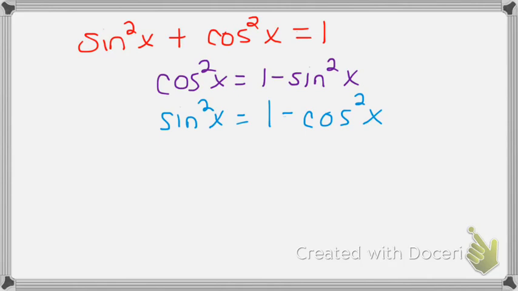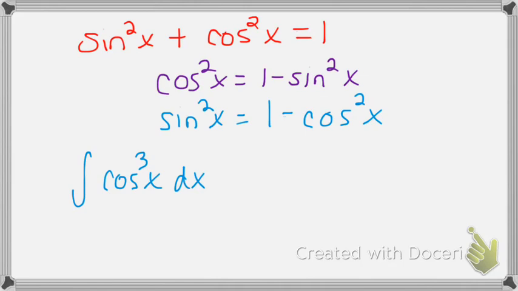Now, these identities are used when you have odd powers of sine and cosine. For example, if I ask for the integral of cosine to the third of x, notice on that particular problem, I can't do u substitution because there's not a sine there. Make sense?